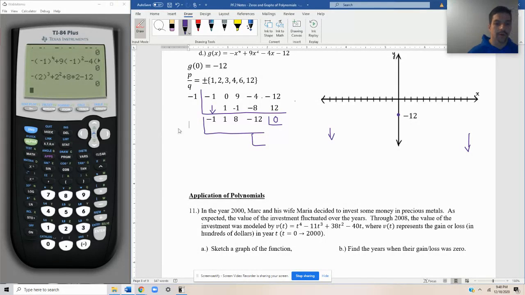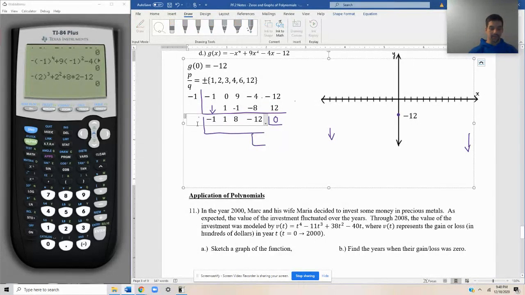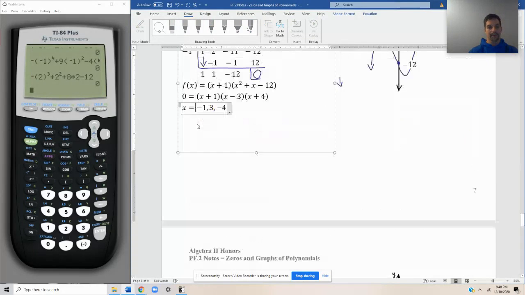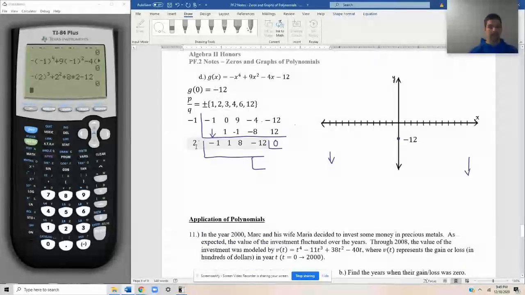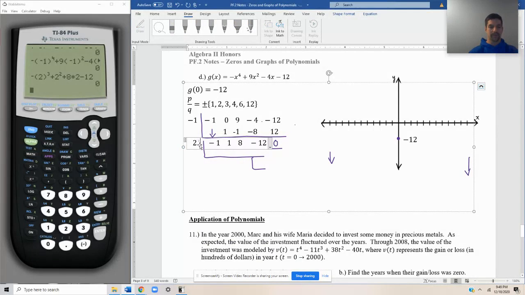I'm just going to continue working with the quotient that I had previous to this. So I'm going to put a positive 2 outside here, because this is going to be a new 0 that we're adding into this expression, which we have found works for g of x. And I'm going to complete synthetic division with this positive 2 and the quotient that we were left over with.